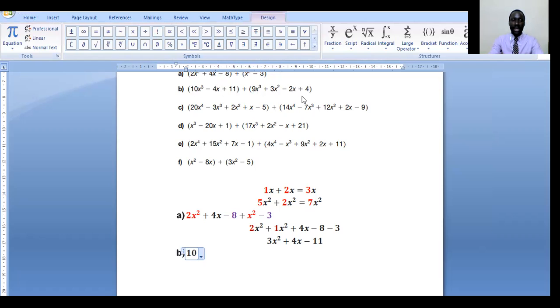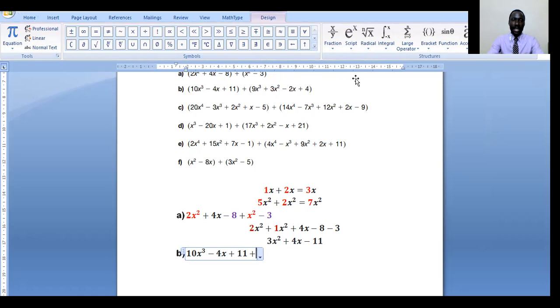So we have got 10x cubed. Now notice that this 10x cubed has got to be added, rather minus 4x first. Minus 4x plus 11. These are the items in the first bracket.